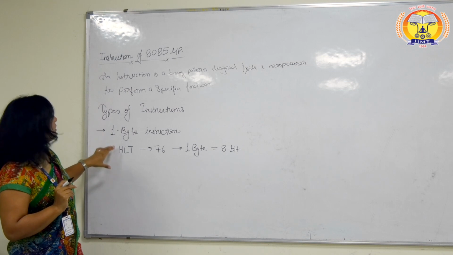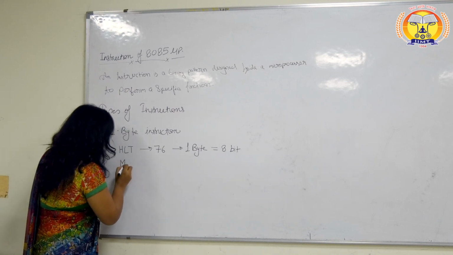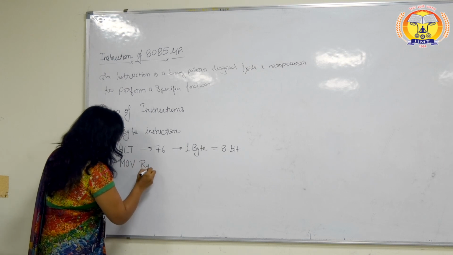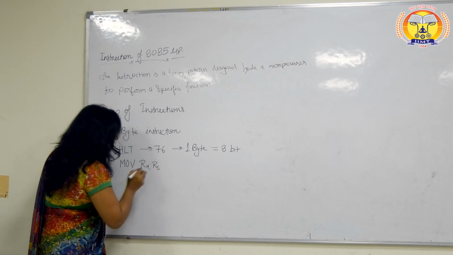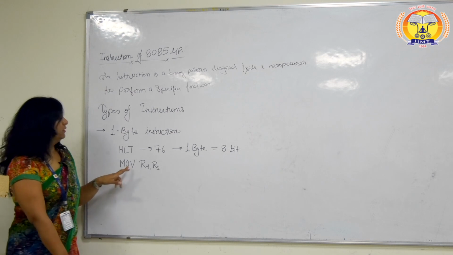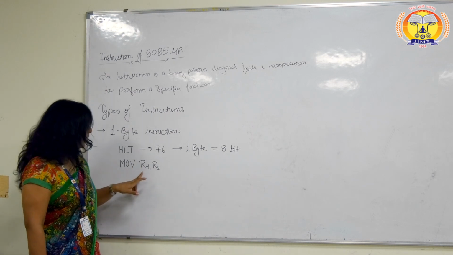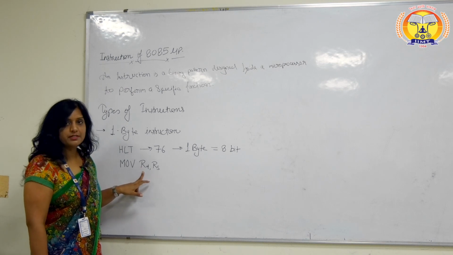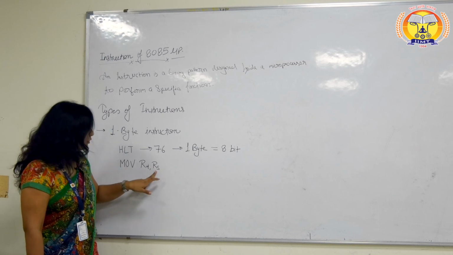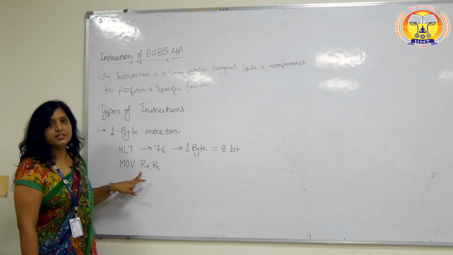Now, another example of 1 byte instruction, that is MOV Rd, Rs. MOV stands for move the data, Rs stands for source register, Rd stands for destination register. The meaning of this instruction is to move the contents of source register into destination register.